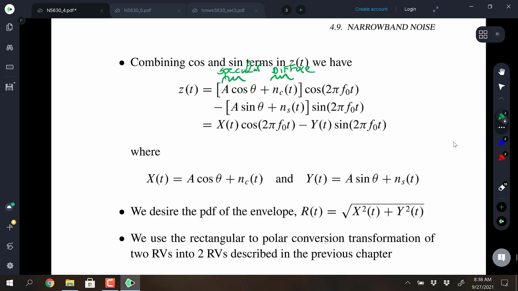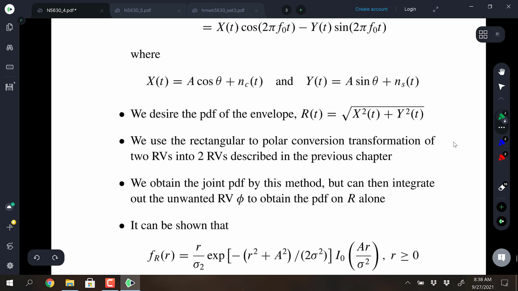And then that comes together then to say, okay, the envelope is composed of the square root of the sum of the squares of the in-phase and quadrature components. But now each in-phase and quadrature component has a constant term, a cosine theta and a sine theta, plus the additive Gaussian term to model the diffuse aspect of it.